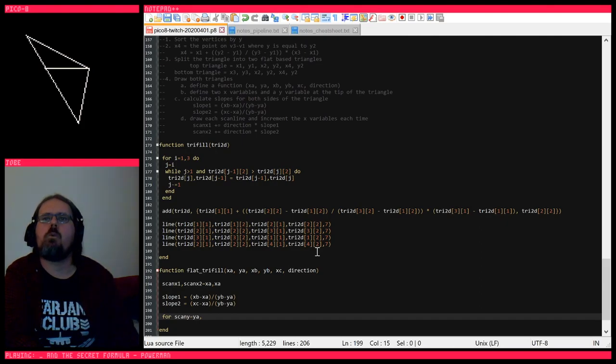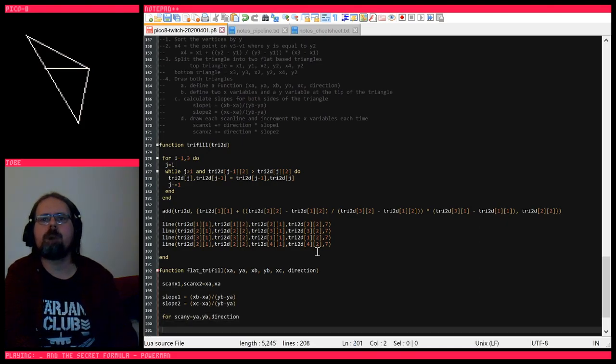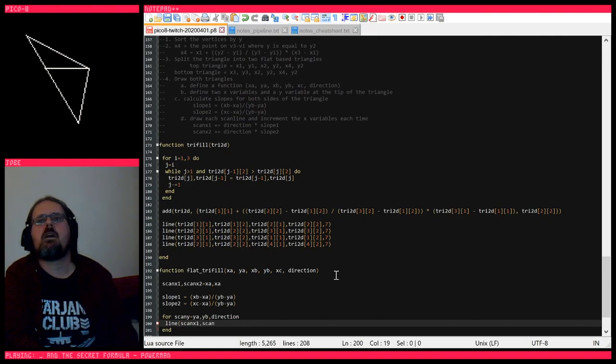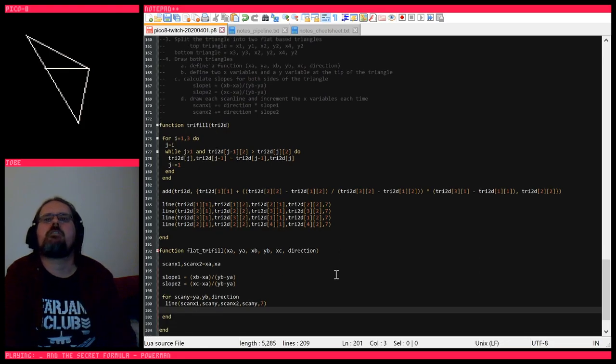We're going to go towards yb, and we're going to increment it by direction, because when we're drawing the bottom triangle, that's going to be -1. Now we're going to do line scan x1, scan y, scan x2, scan y, 7, and we're going to increment both of the scan x values by our slopes.